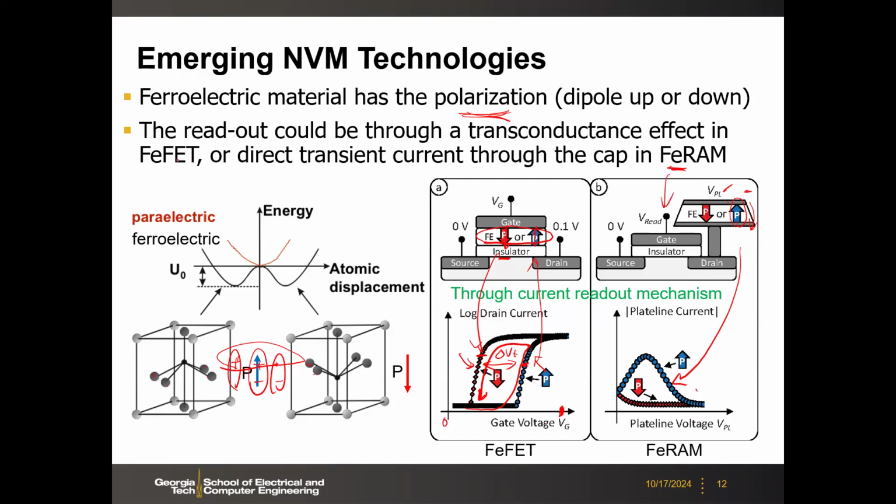And then this is the FeFET. We are going to discuss more details. The difference is that for FeFET, you integrate the ferro into the gate stack, and for FeRAM, you integrate the ferro into the drain contact, like 1T1C. Okay, so those are high-level principles.